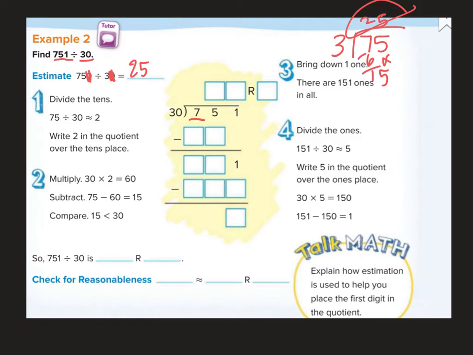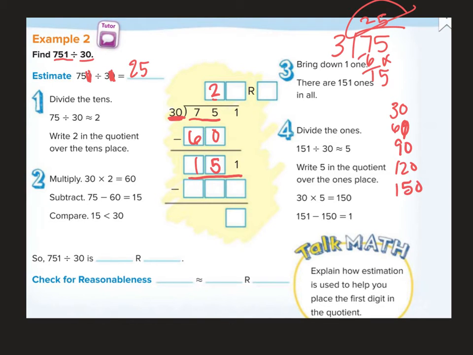So if I say how many 30s can go into 75, 30, 60, that'd be 2. 30 times 2 is 60. And I subtract, I get 15. Well, now I'm doing 151 divided by 30. 30, 60, 90, 120, 150.